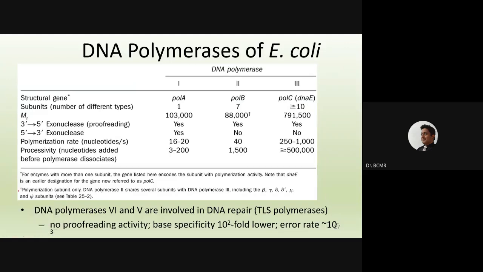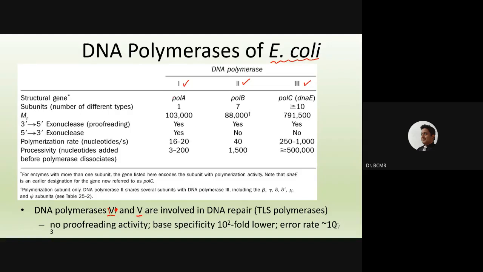E. coli has different types of DNA polymerases. You call them DNA polymerase 1, Pol 2, Pol 3, and there are also Pol 4 and Pol 5. We will discuss a bit of these on many occasions, especially when it comes to DNA repair and also as a part of PCR.